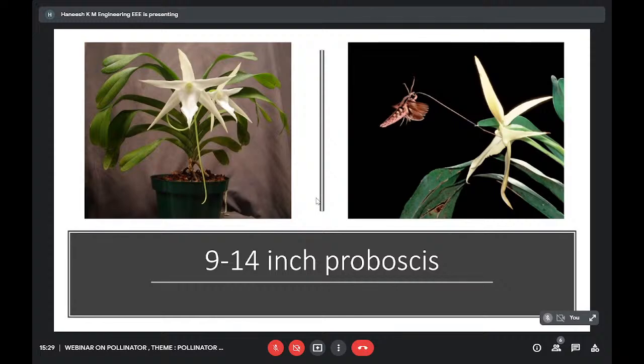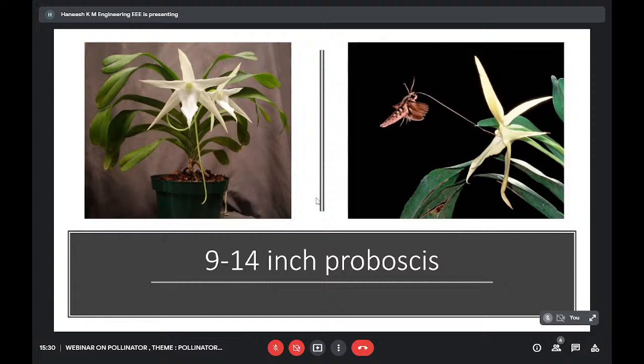He was thinking that if the pollen tube is around 1 foot in length, there should be some pollinator with such a long proboscis. So he predicted there should be someone in nature to pollinate this one, otherwise it wouldn't have been this long.